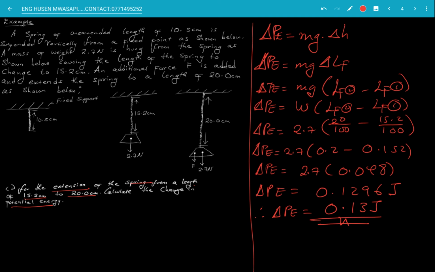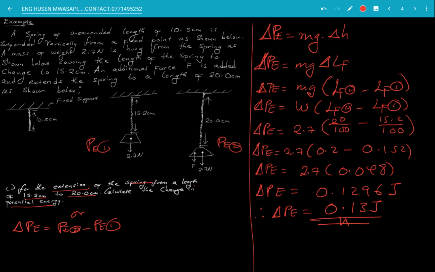Or one could say change in potential energy is equal to potential energy 2 minus potential energy 1.